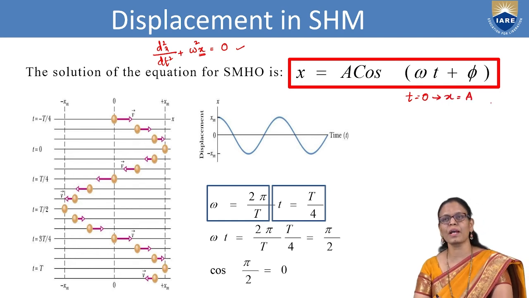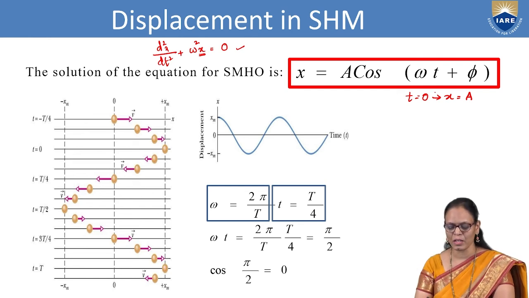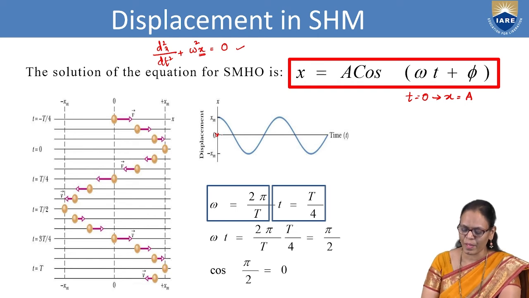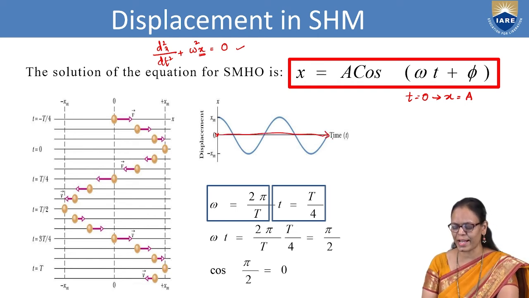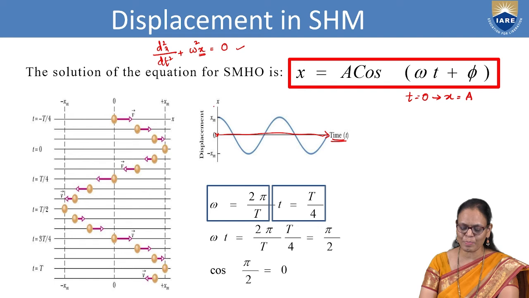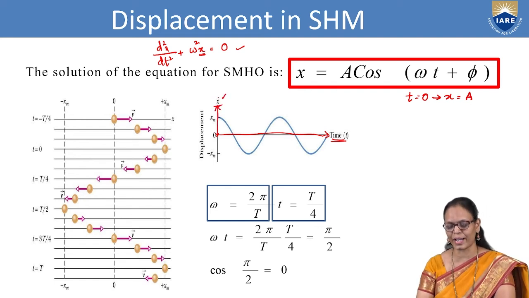At t is equal to 0, x is equal to a. If I am plotting a graph with time along the x-axis and displacement along the y-axis, this x is the displacement along the y-axis and time is along the x-axis.